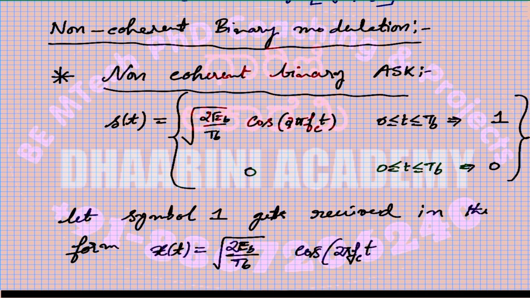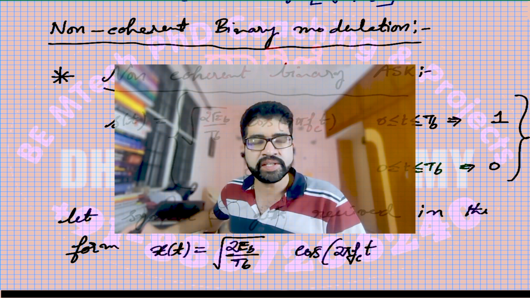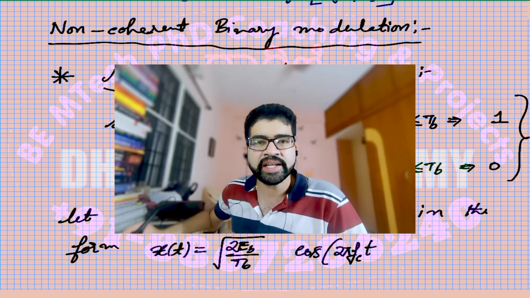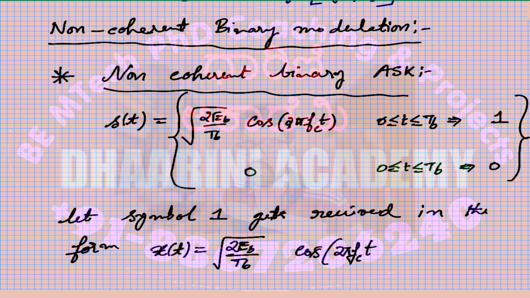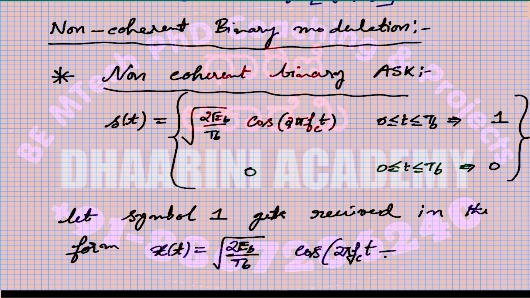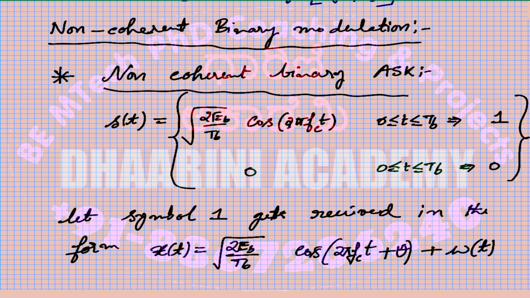The first effect of the channel is adding a phase to the signal, so I enter a value theta: 2 pi fc t becomes 2 pi fc t plus theta. That's the first effect. Plus the noise component that is getting added, which we write as w of t. Now, this is for symbol 1.